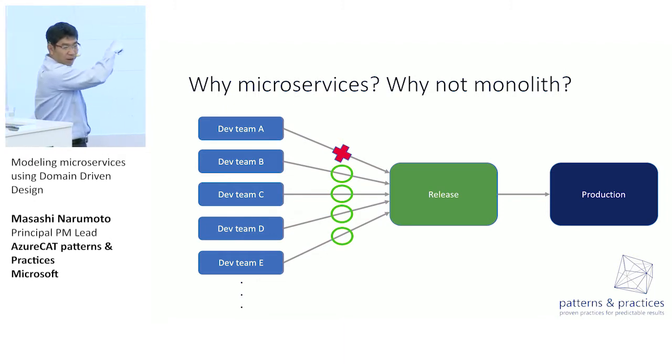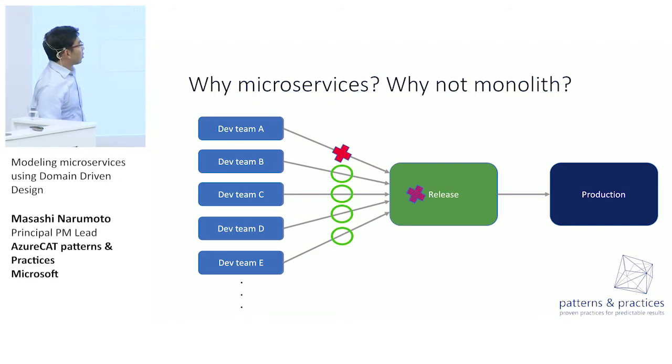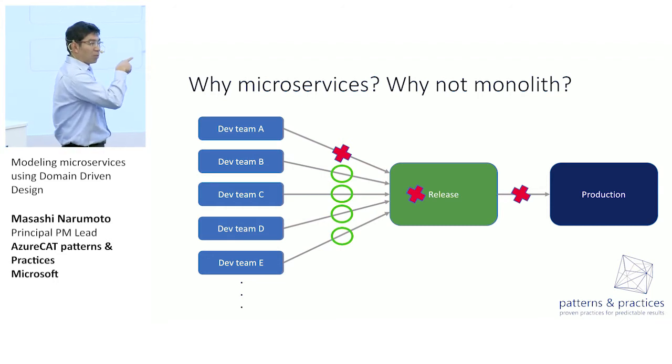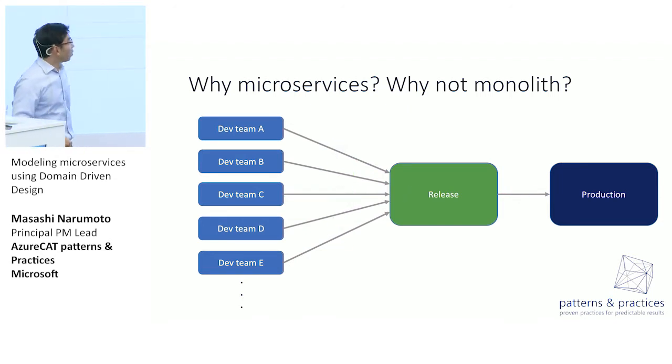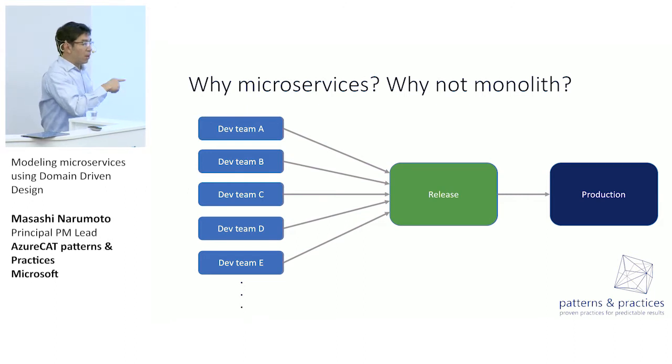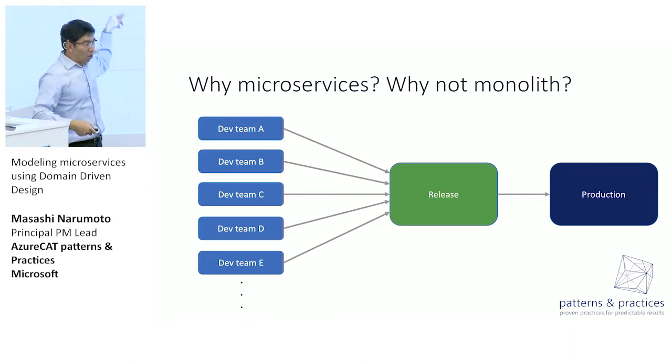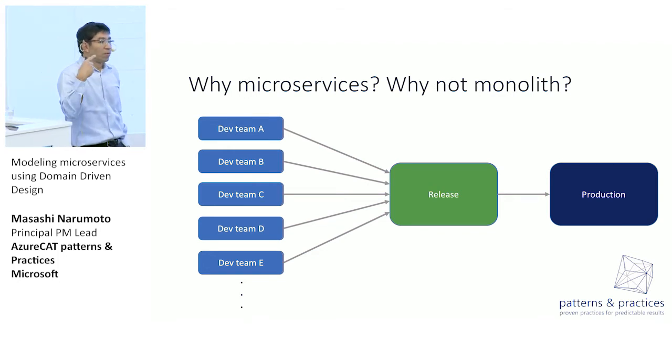Like in this case, team A screws up, which causes a compile error in the release process, and which keeps everybody else from releasing, right? Since those 5 features depend on each other, one failure will prevent everybody else from releasing the latest update.